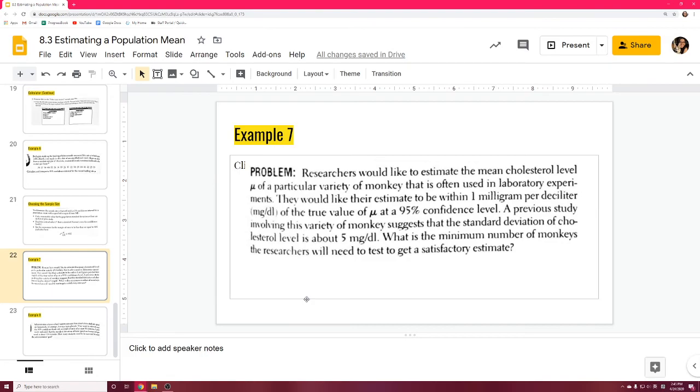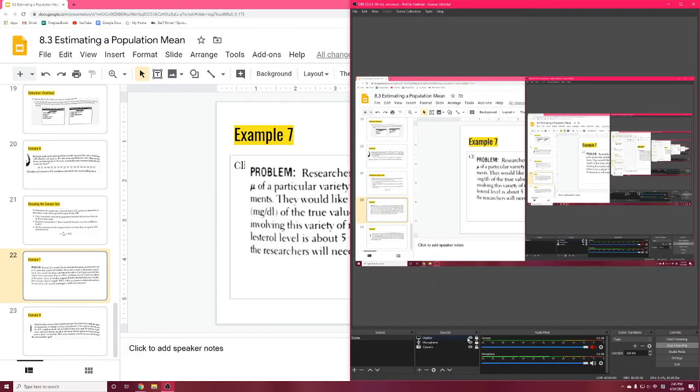A previous study involving this variety of monkeys suggests that the standard deviation of cholesterol level is about 5 mg per dl. What is the minimum number of monkeys the researchers will need to test to get a satisfactory estimation?